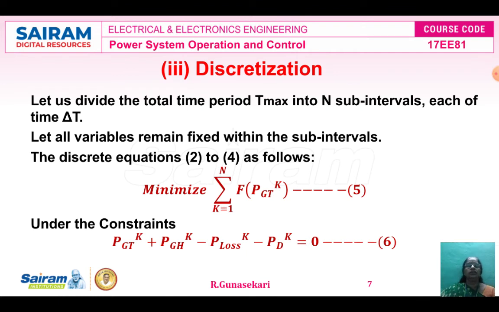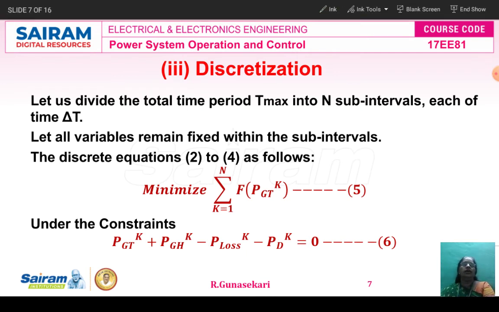Then the third one is discretization. First, we divide the total time period T max into n subintervals, each of duration del t. All the variables remain fixed within the subintervals.